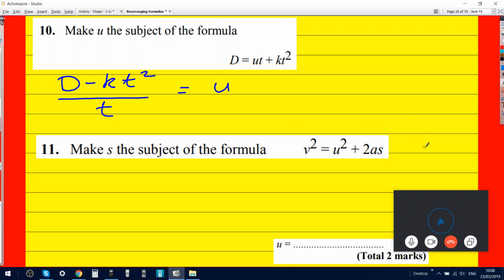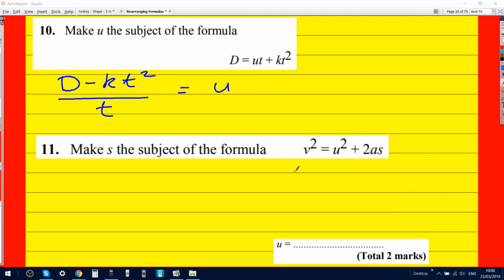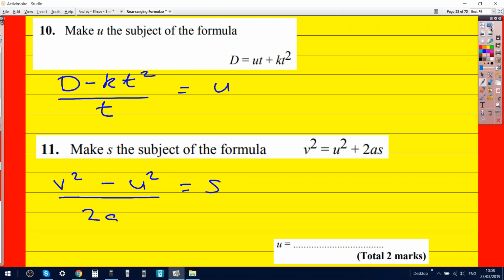Correct. Bottom one? Would it be v squared minus u squared divided by 2a equals s? That's it.